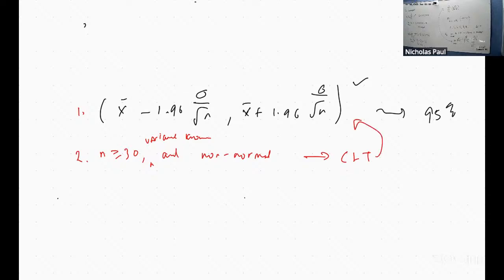All you have to do is state that by the central limit theorem we're using it as a normal. Even if it's non-normal, you're approximating it by the central limit theorem for a normal because the sample size is so large.